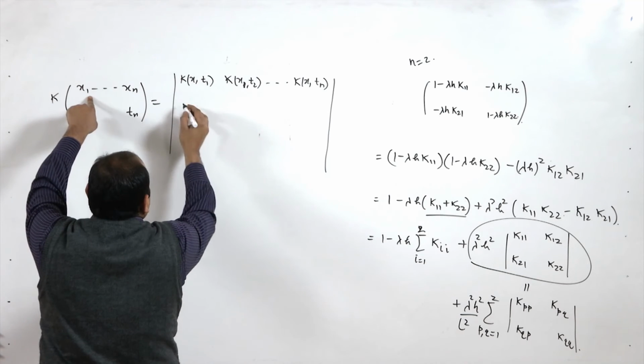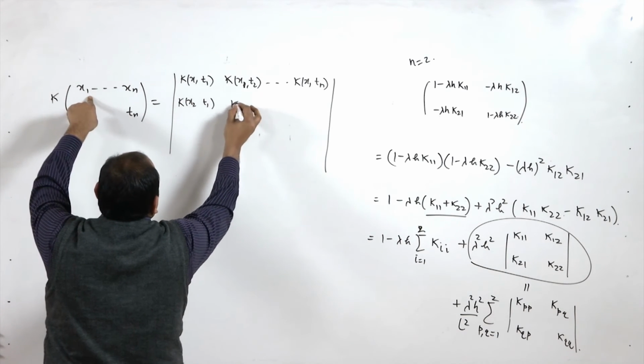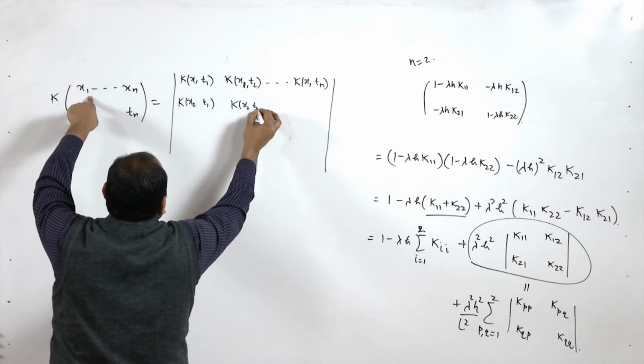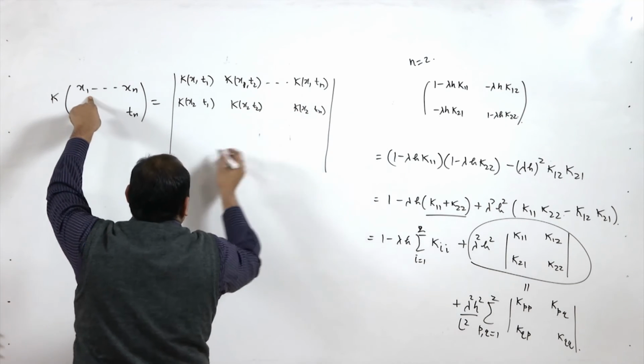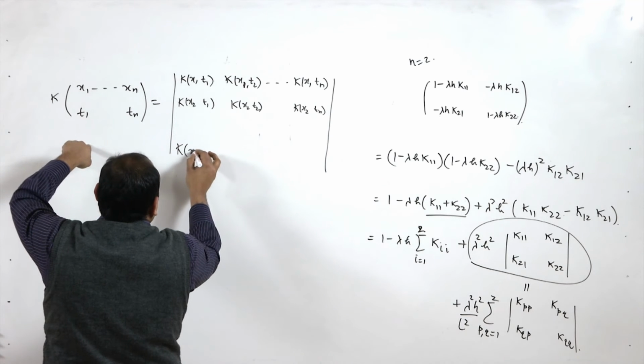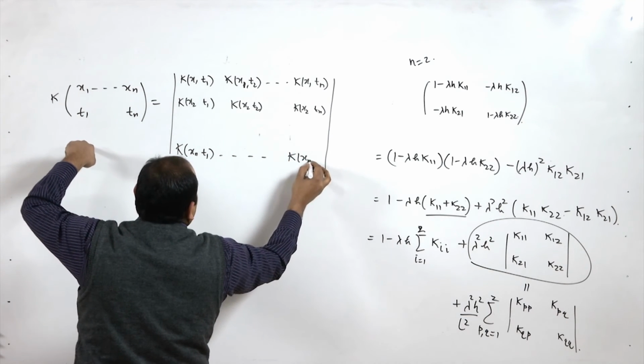Now fix x2, K(x2,...), and repeat the same procedure. Similarly, we have K(xn,t1) through K(xn,tn).